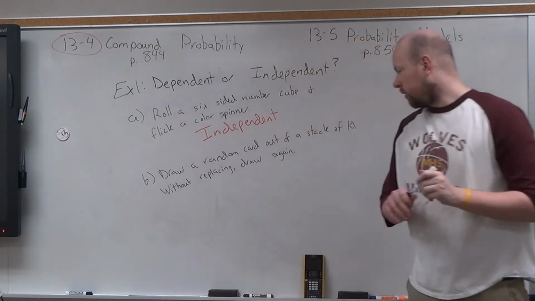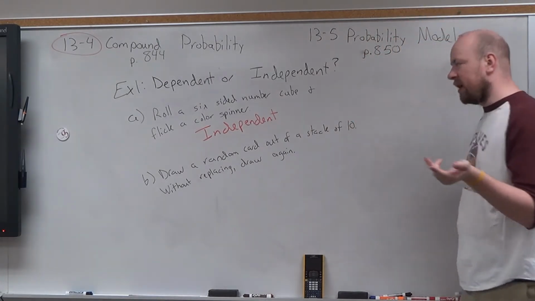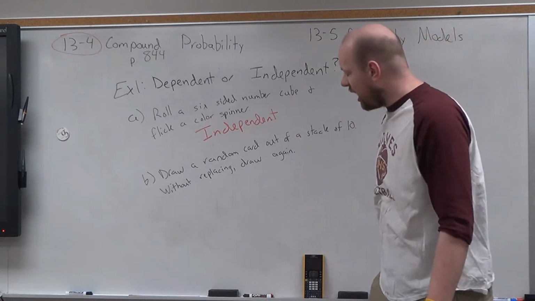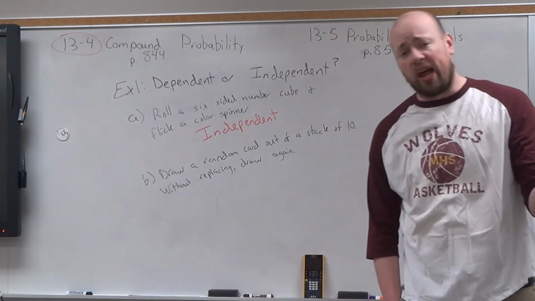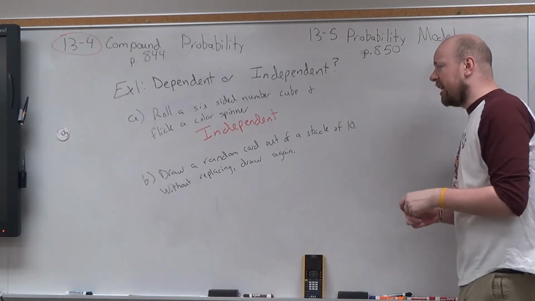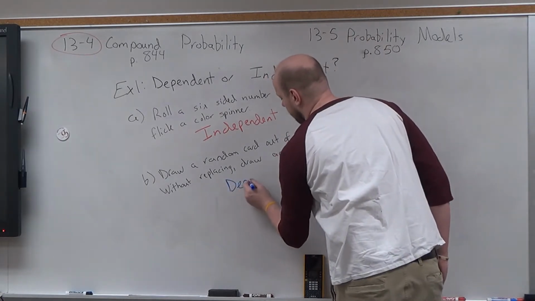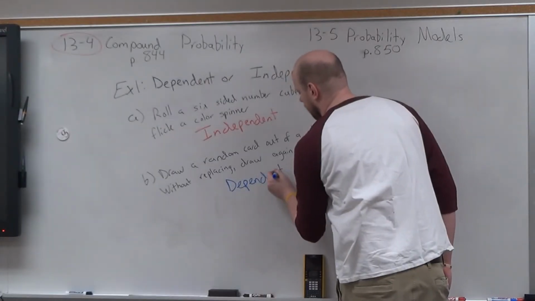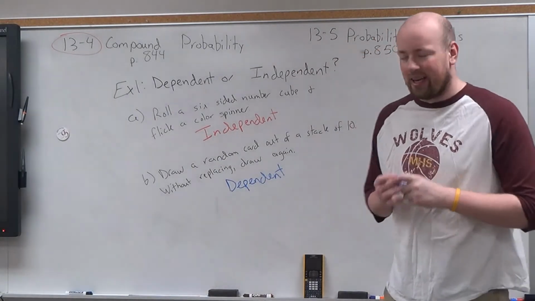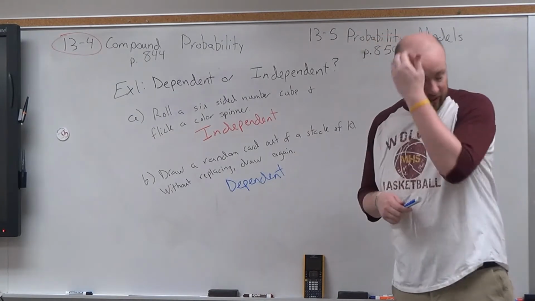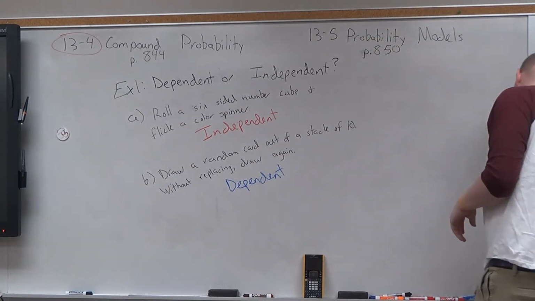Okay. So, say I have a stack of 10 cards. My probability of picking each of them would be, again, 1 in 10. Now, if I don't replace, if I don't put the card back, my second probability would be 1 out of 9. So, it is affected, so these would be dependent. I didn't realize that those are the examples. I just thought of stuff off the top of my head. They're very common sets of examples, so I apologize for the redundancy.